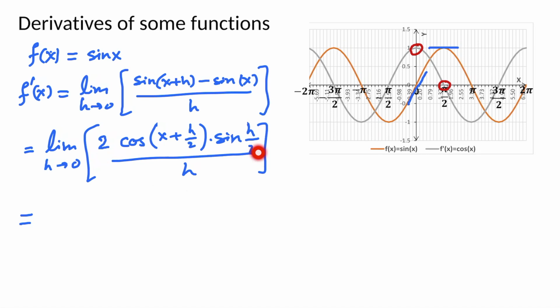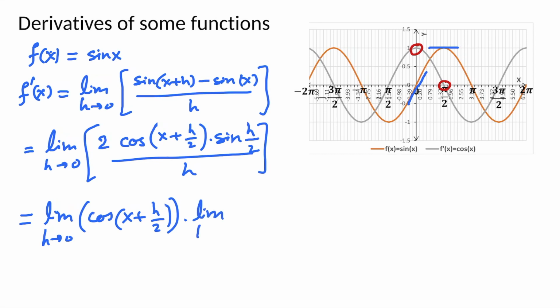So, we will split this into 2 limits. The first one is limit as h tends to 0 of cos of (x plus h by 2), right, and multiplied by limit as h tends to 0 of sine of h by 2 divided by h by 2.